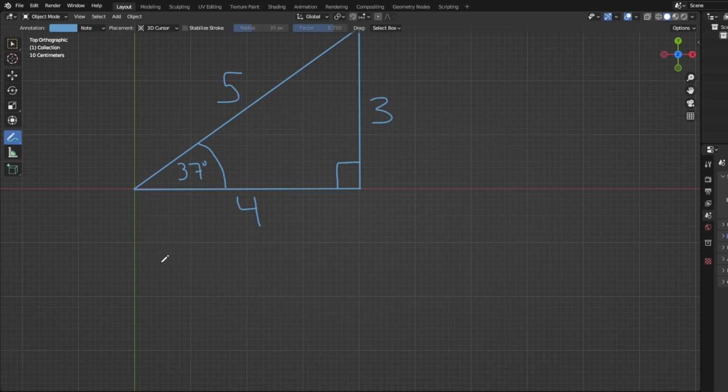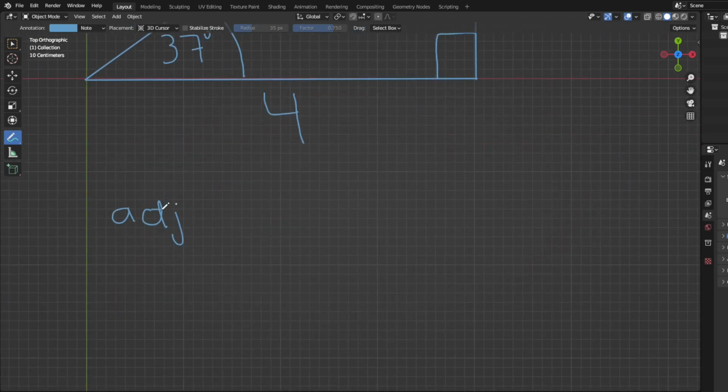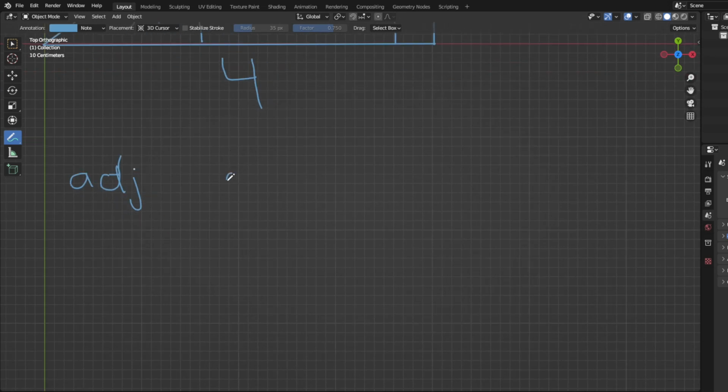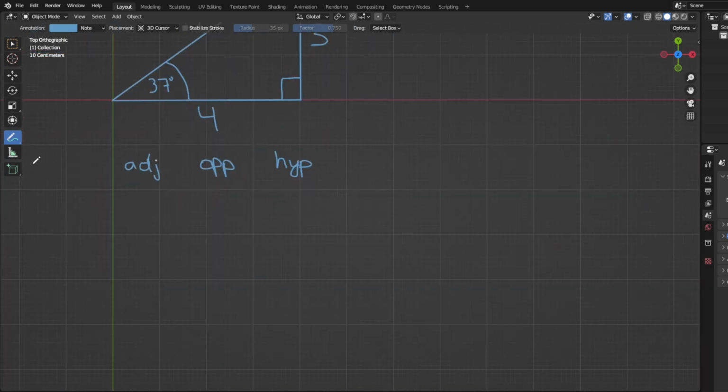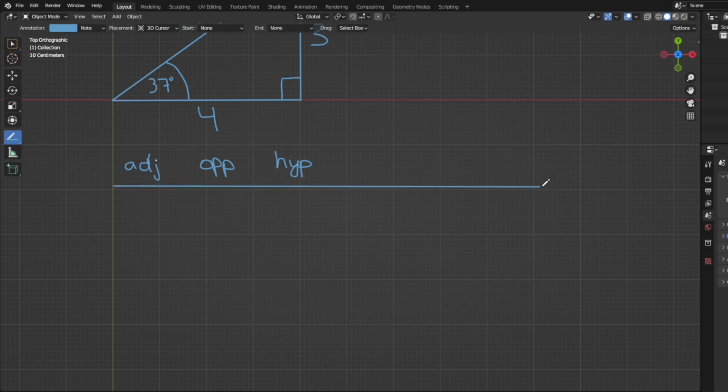So let's create a little table here. Let's start with adjacent, and then let's go with the opposite next, and then add the hypotenuse.